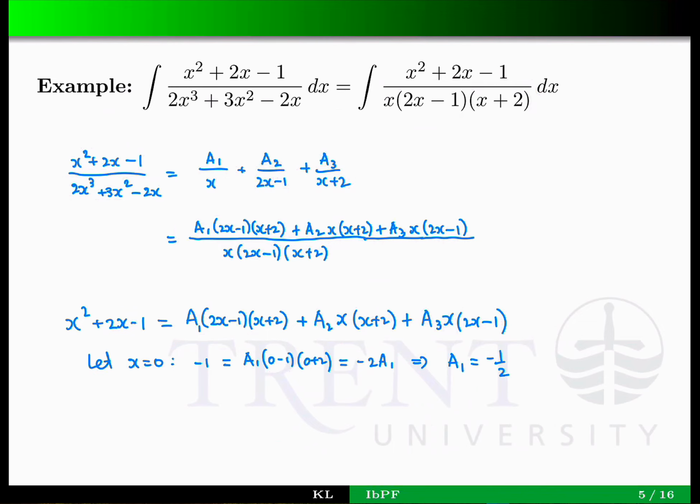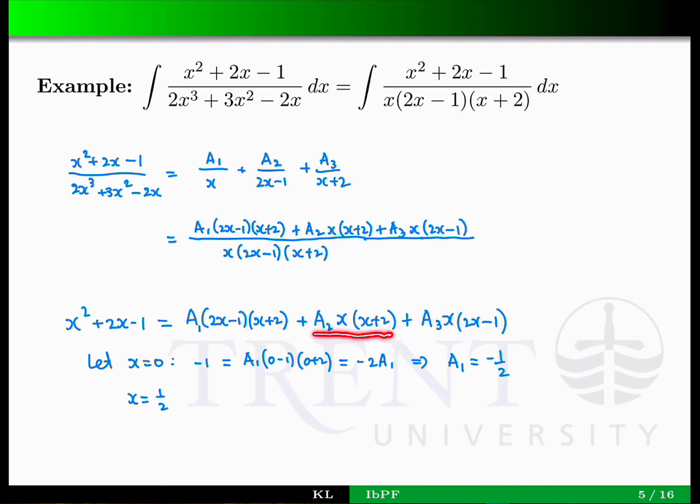Nice choice of value of x. We can do x equals 1 half. Why 1 half? When x equals 1 half, this will be equal to 0, so this will be gone. This also will be equal to 0 when x equals 1 half, so this will be gone.